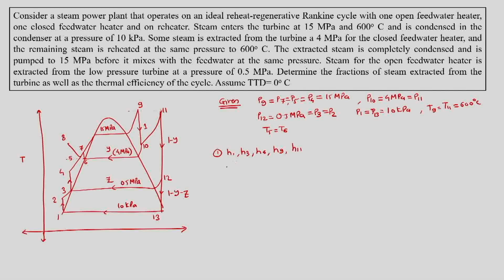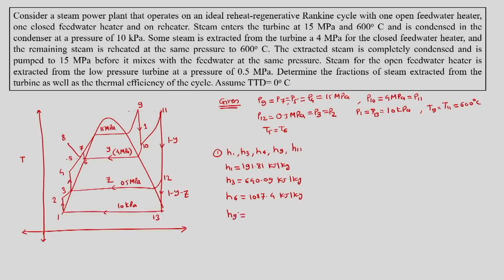So, here we will get H1 is equal to 191.81 kilojoule per kg. This is corresponding to the 10 kilopascal condenser condition. Then we have H3 is equal to 640.09 kilojoule per kg. Then H6 is equal to 1087.4 kilojoule per kg.